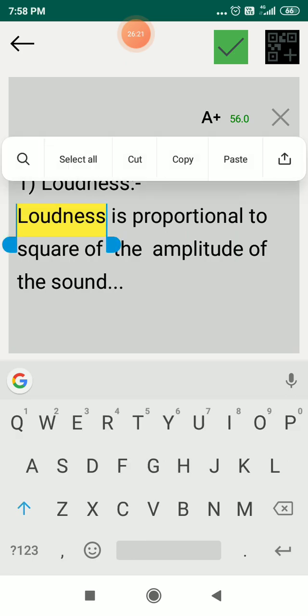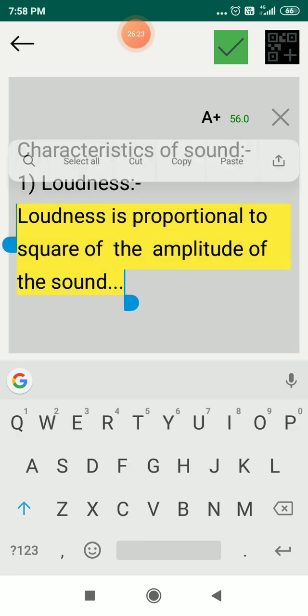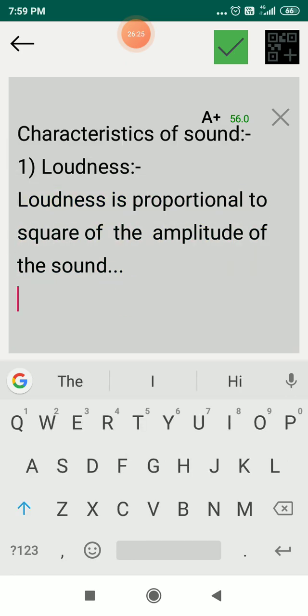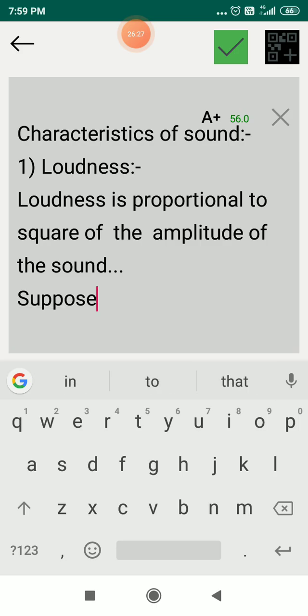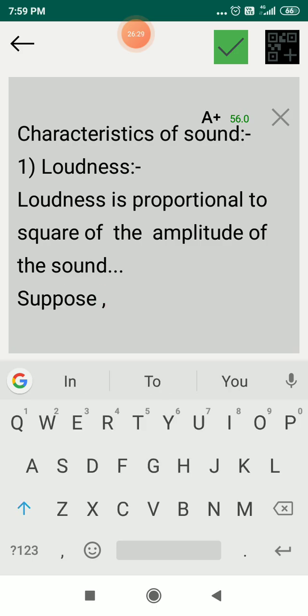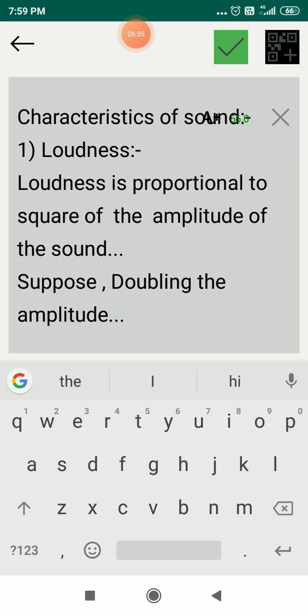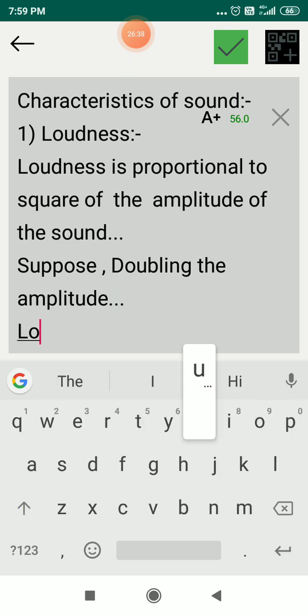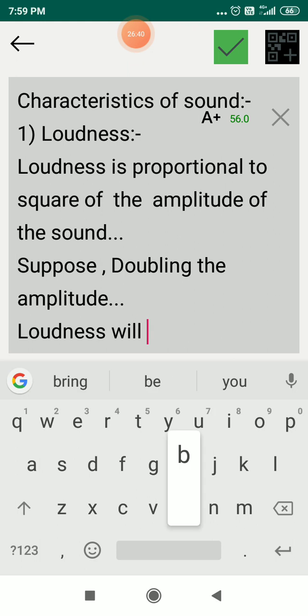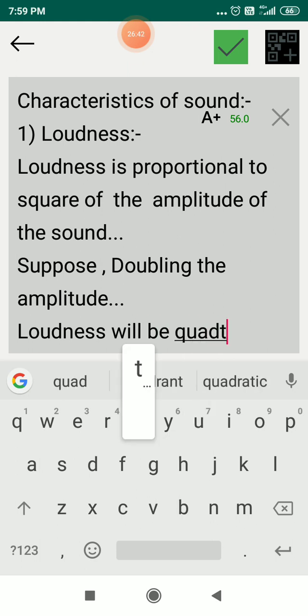Square of amplitude of sound means, suppose you are doubling the amplitude. Loudness will be quadrupled.